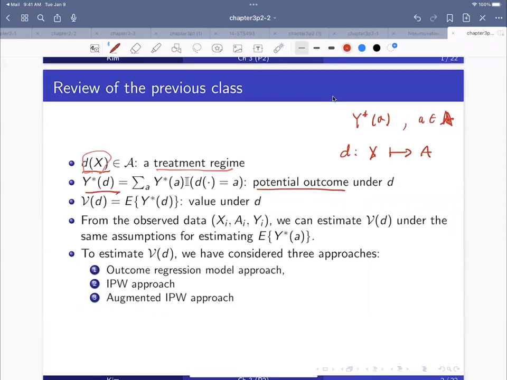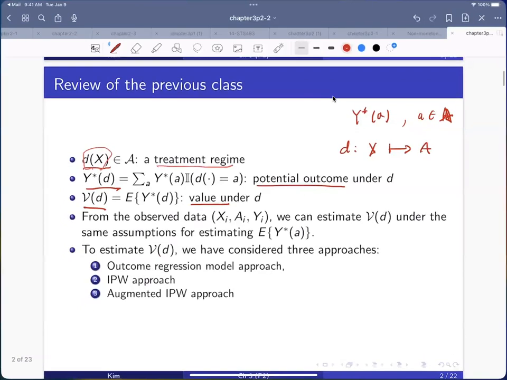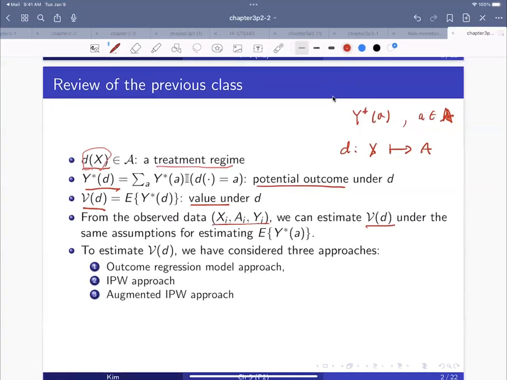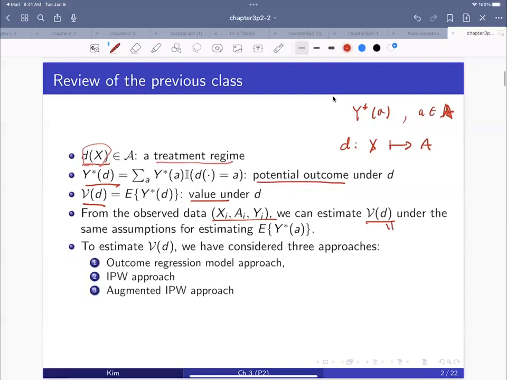And then the expectation of the potential outcome is a value, and our goal was to estimate the value using the data. But we already discussed.